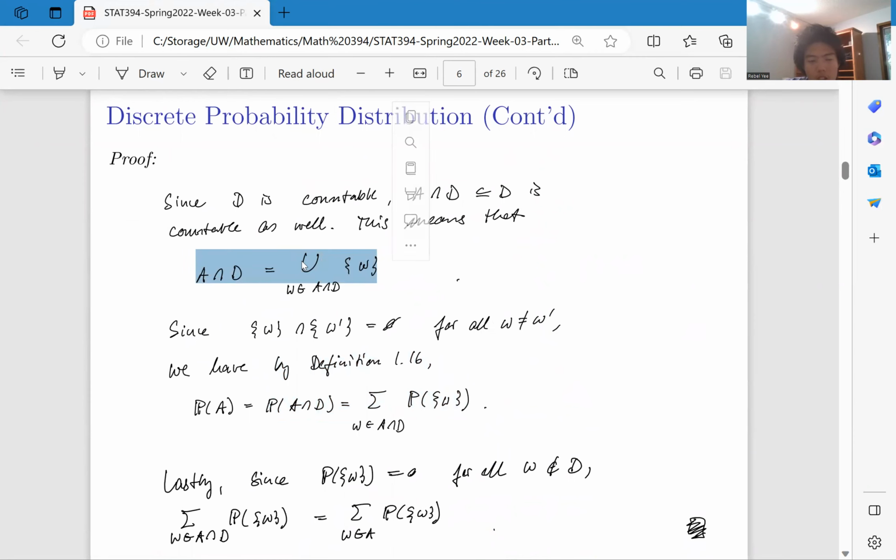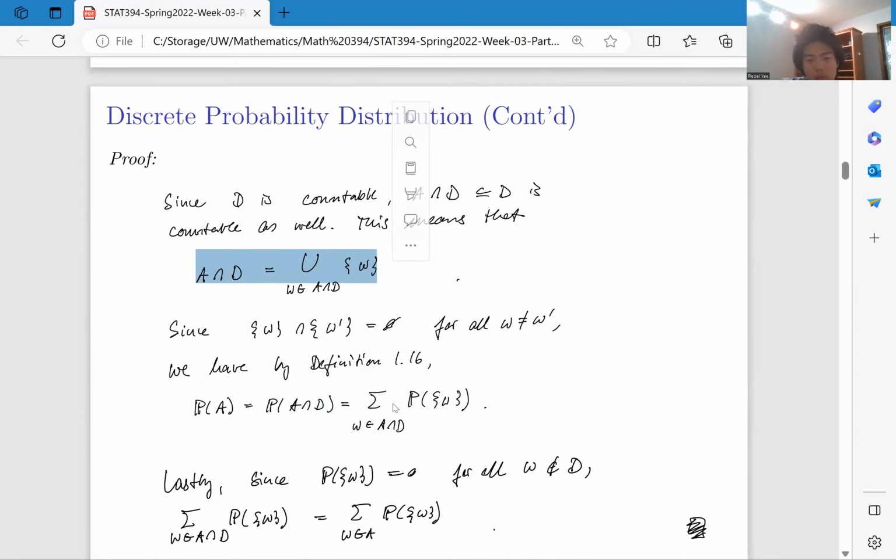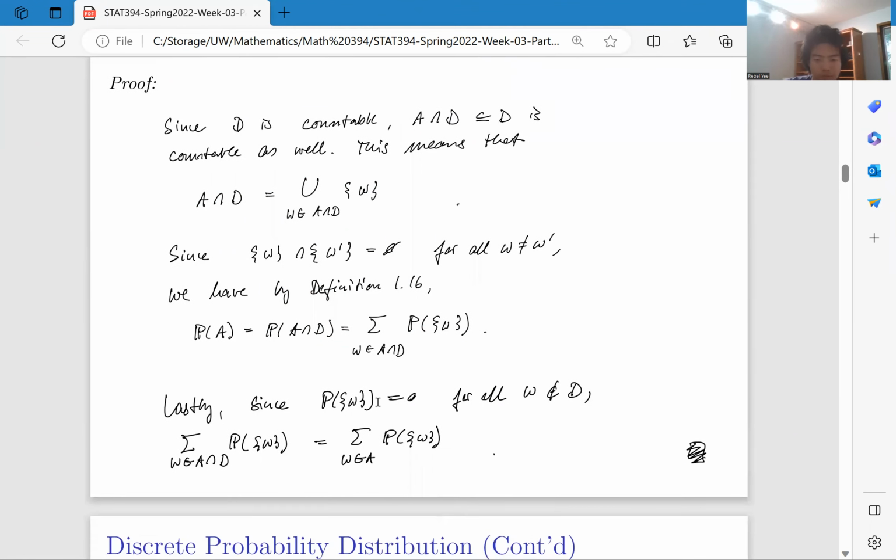This union becomes a sum because all of those simple events inside A intersect with D are pairwise disjoint.